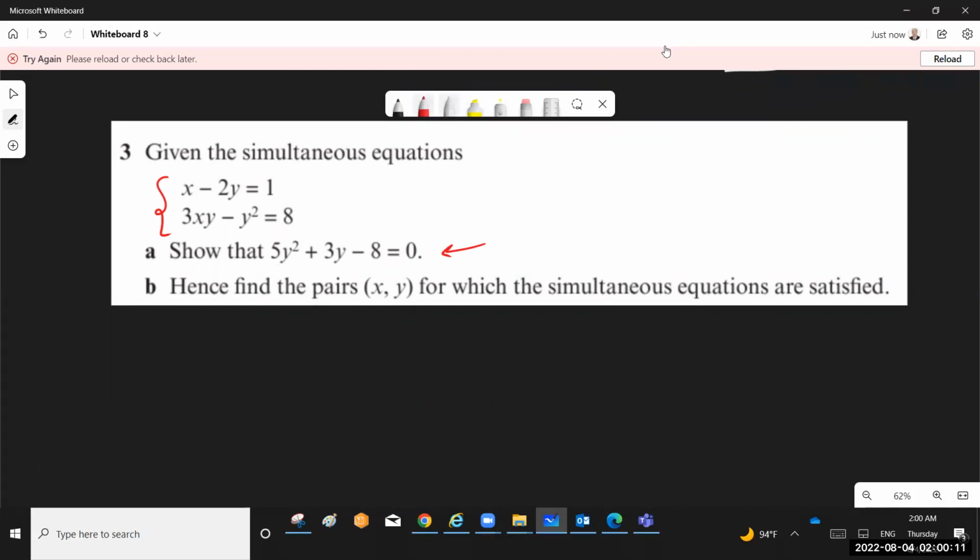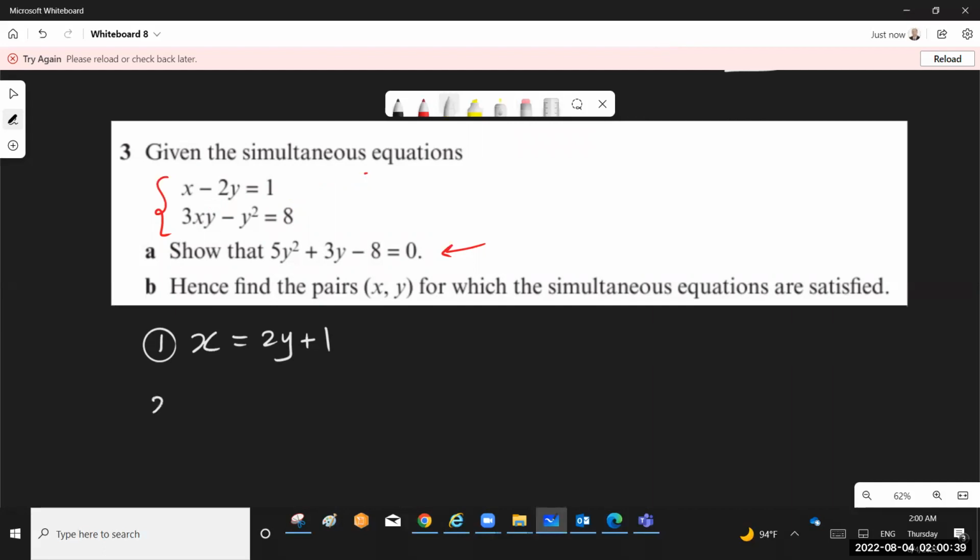So make x the subject from the first equation, equation number 1: x is equal to 2y plus 1. Just add 2y to each side. And after that, go to the second equation and substitute the value of x in the second equation.